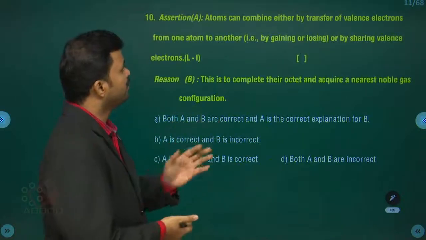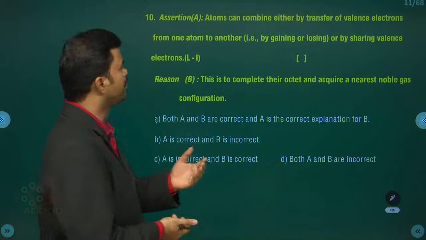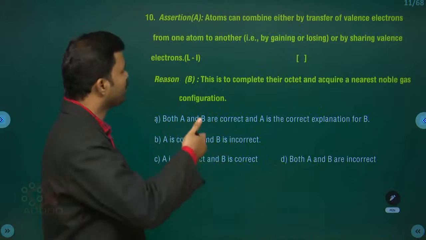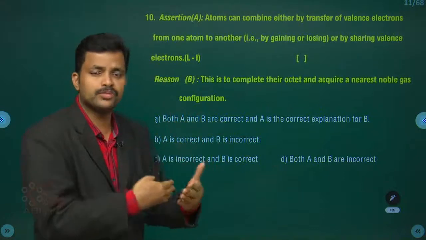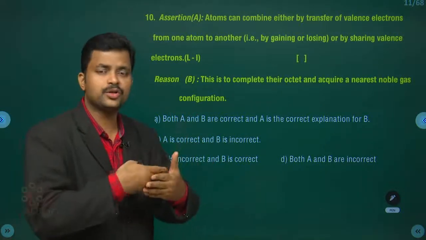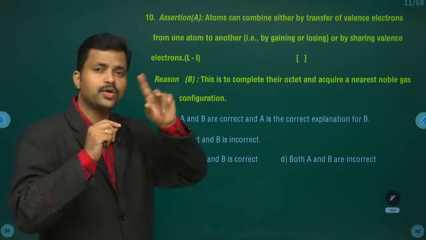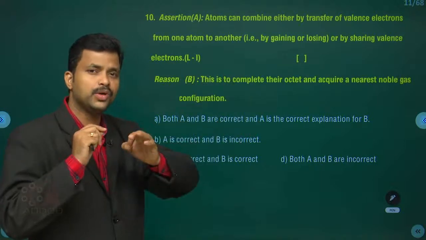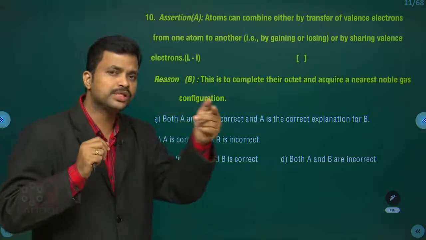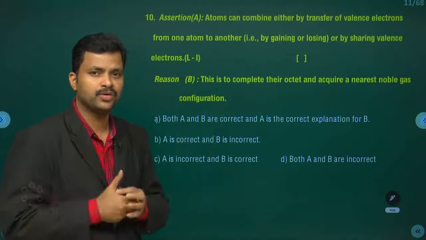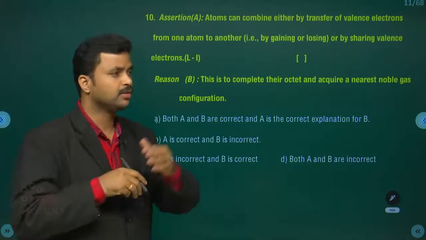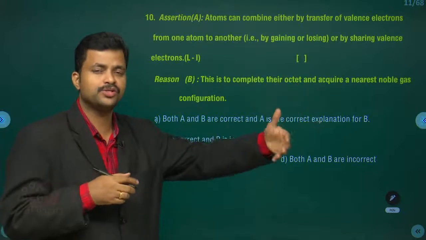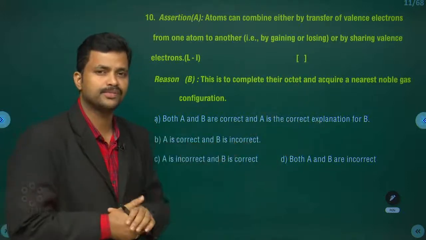Atoms can combine either by transfer of valence electrons from one atom to another or by sharing of electrons. Yes, that's the bond formation. Sharing of electrons brings the covalent bond, and electron transfer gives the ionic bond. Metals lose electrons to non-metals. S block elements, 1A and 2A group elements, are metals. Most of the P block elements are non-metals, correct?